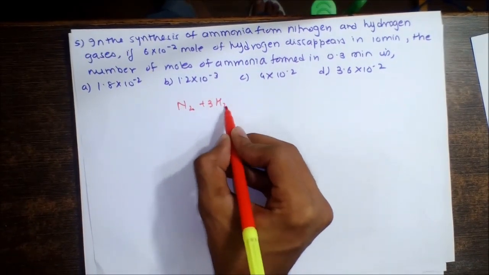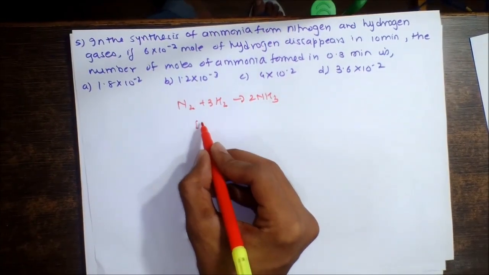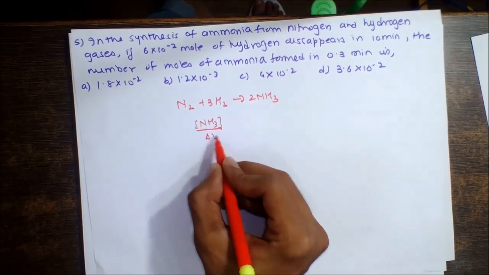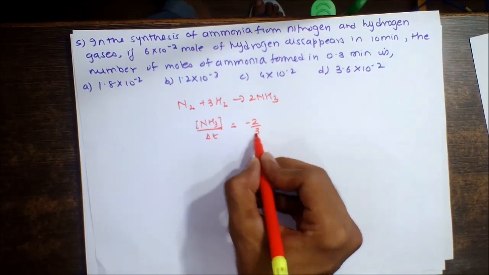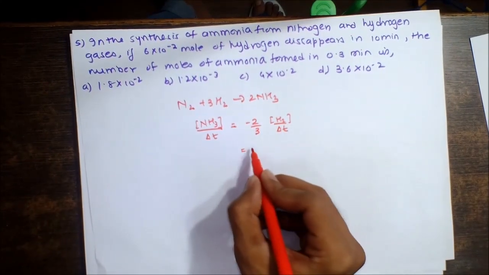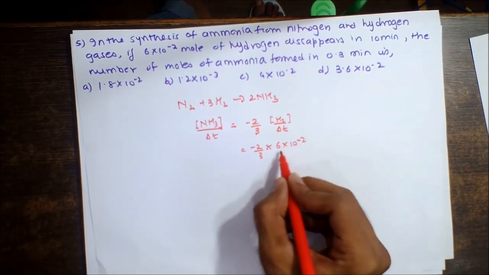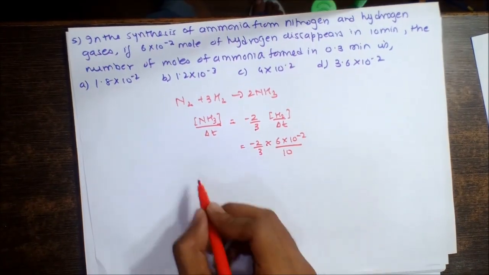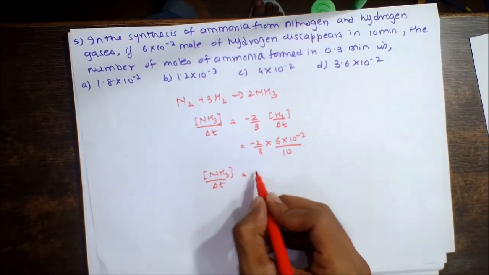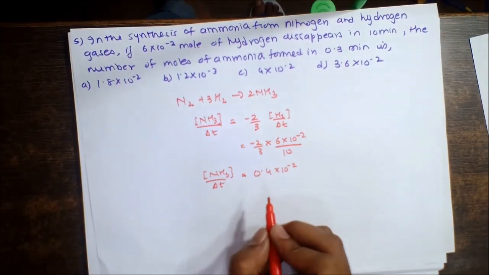N2 plus 3H2 gives 2NH3. Rate of change of concentration of NH3 upon delta t would be equal to minus 2 by 3 times the rate of change of concentration of H2 upon delta t, which is minus 2 by 3 into 6 into 10 raised to minus 2 upon 10. That is 0.4 into 10 raised to minus 2.